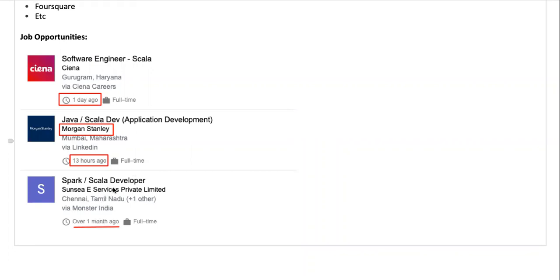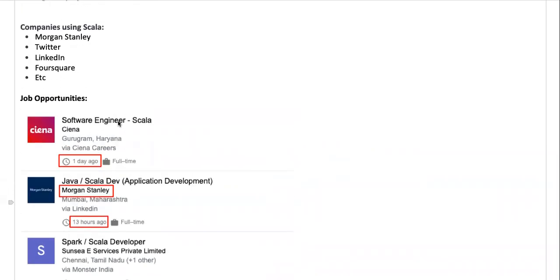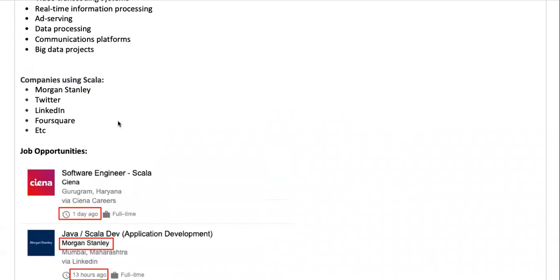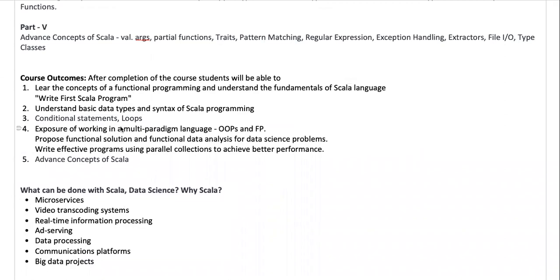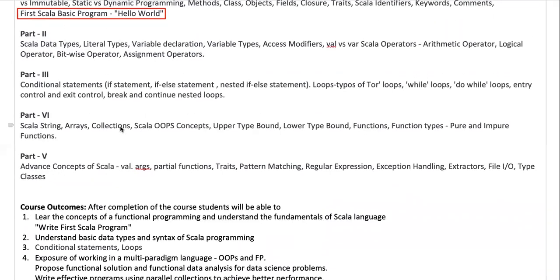By showing this I wanted to show you that there is a constant need for Scala developers. If you go through this course very seriously and spend time consciously to learn the fundamentals of Scala, you would definitely be able to create your own projects.